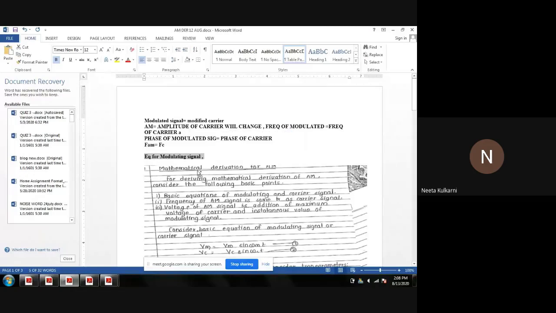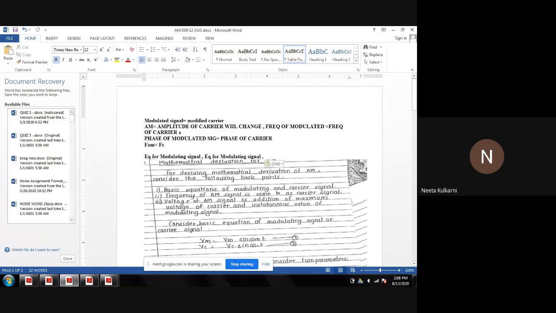The other equation will be the equation for carrier signal. इनपुटला काय आहे? मॉड्युलेटिंग सिग्नल आणि कॅरियर सिग्नल. मग हे दोन इक्वेशन आपल्याला बघायचे. We have to see the equation for modulating signal and the equation for carrier signal. दोन्हीही सिग्नल कुठल्या फॉर्म मध्ये आहेत? एनालॉग फॉर्म मध्ये आहेत. So can you tell the basic equation for any analog signal? What is the mathematical representation of any analog signal?